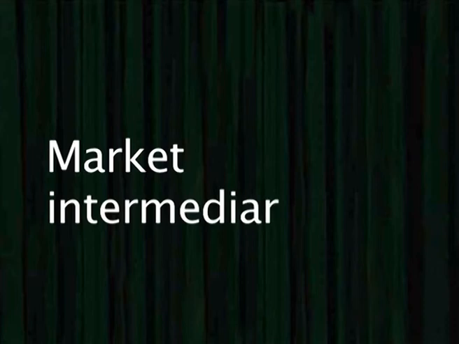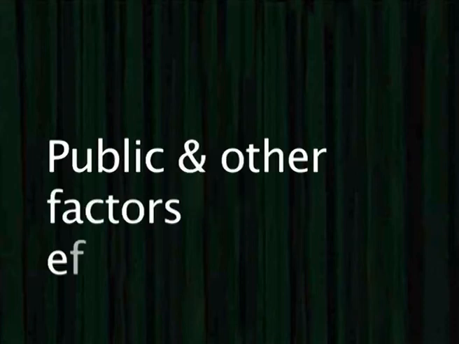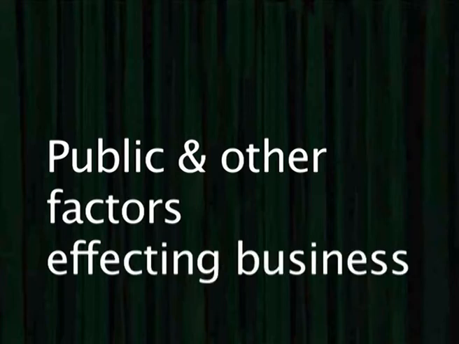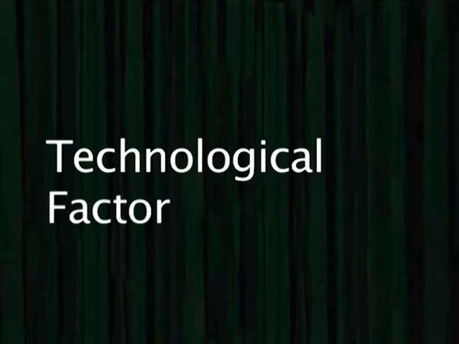Micro environment is categorized into customers, suppliers, market intermediaries, competitors, public, and other factors affecting the business. Macro environment is categorized into the following factors: economic factor, political factor, socio-cultural factor, technological factor, natural factor, demographic factor, and international factor. In this lecture, we will discuss in detail the micro environment.